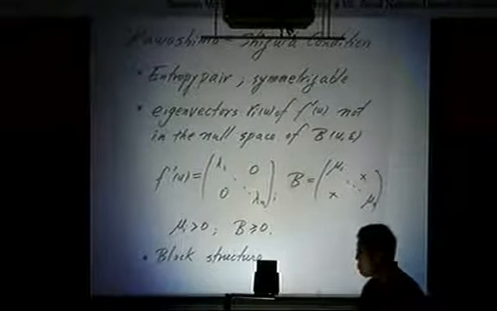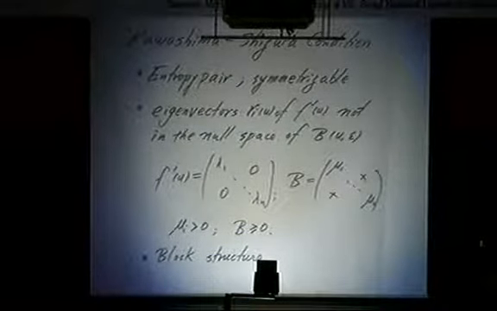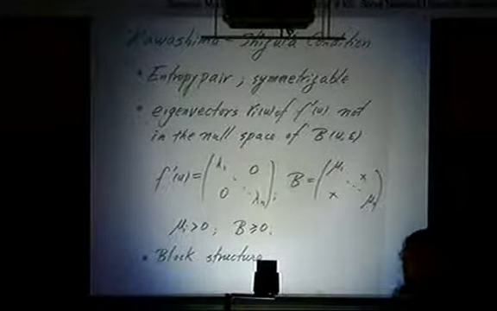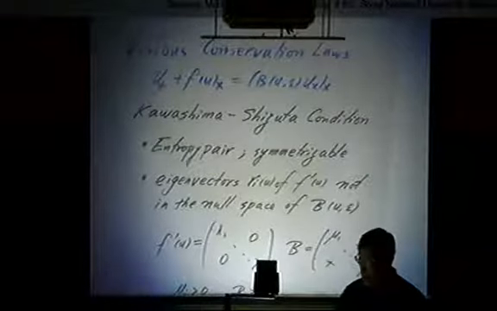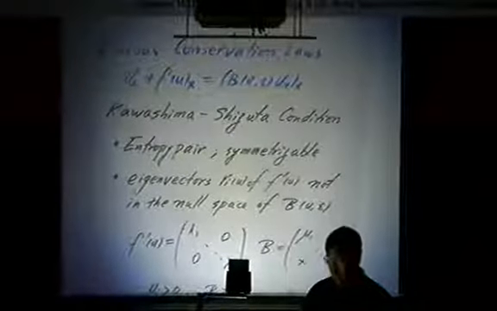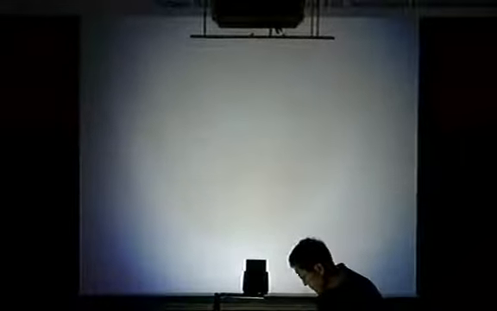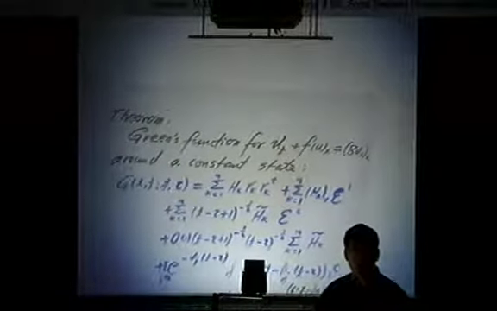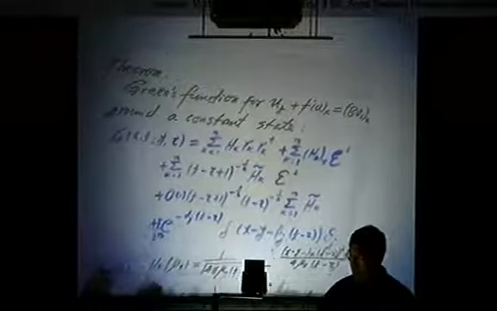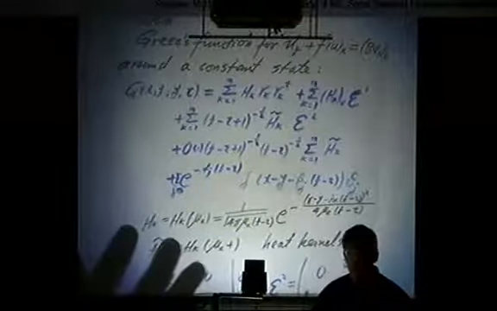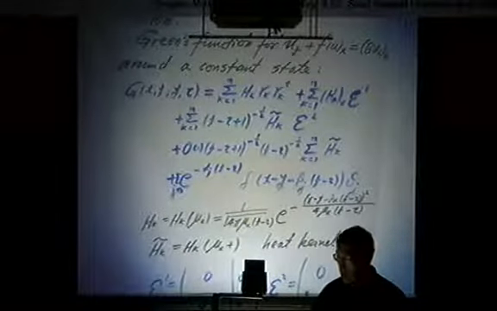So according to this theory of Kawashima and Shizuta, smooth small initial data for the equation will give you a global smooth solution if you assume all these three conditions. And this condition is good because it includes Navier-Stokes, magnetohydrodynamics and so on, and nonlinear elasticity.